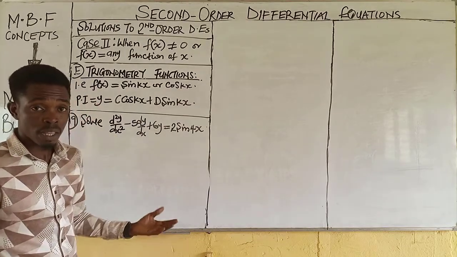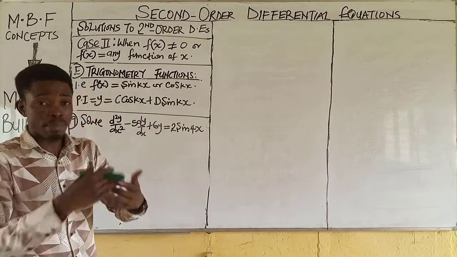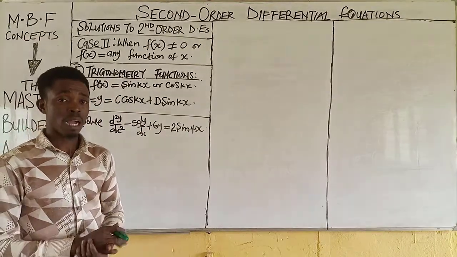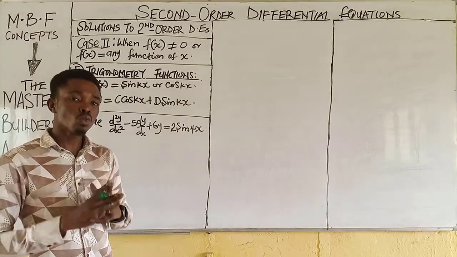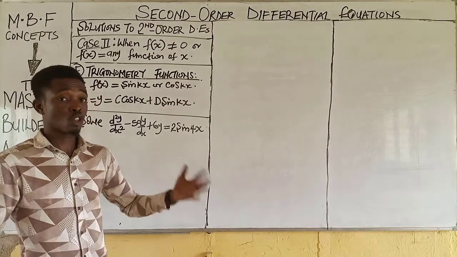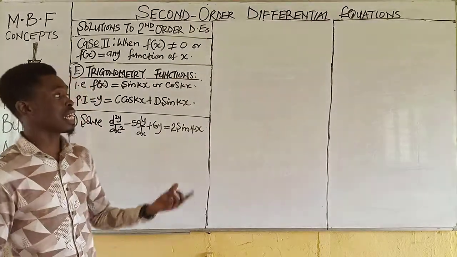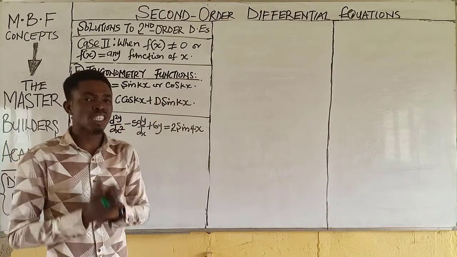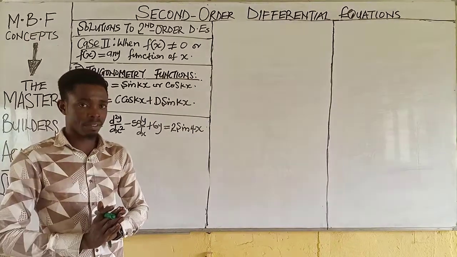It can be 4, 5, 3, 1, 10, it can be any number. And that k must be given alongside the equation. So if you are not obtaining the value of k, k must be given in the equation. Just understand that k here stands for the coefficient of the trig function that you are given.